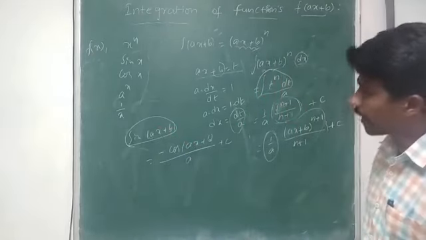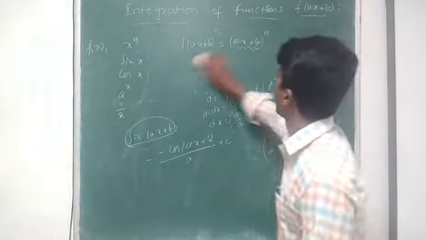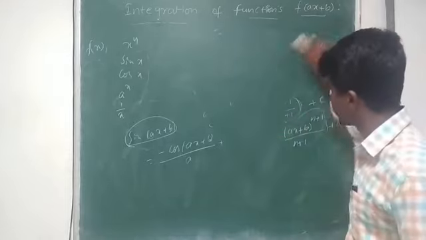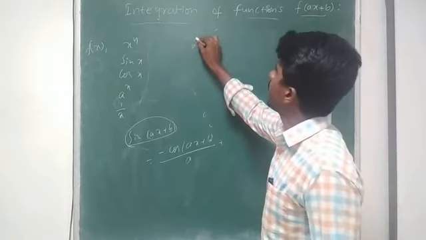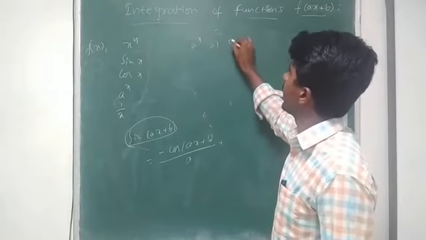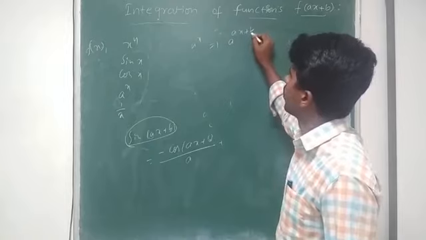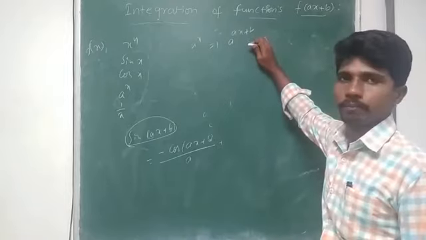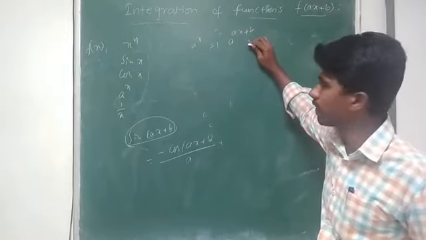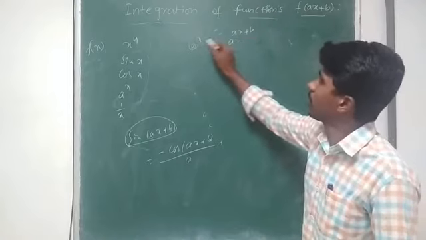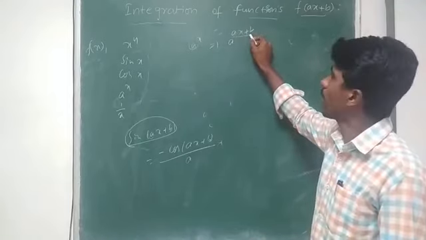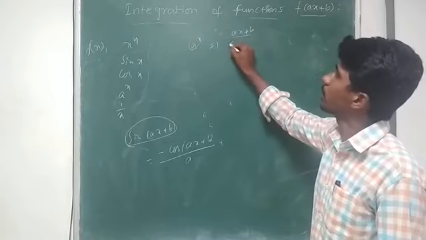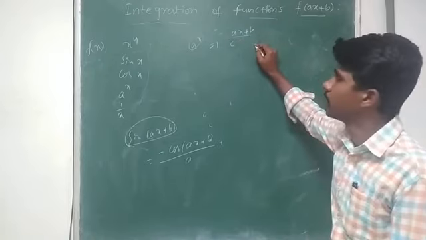Then what about a power x? And what about 1 by x? If a power x is replaced by a power ax plus b, to avoid confusion, we consider it as an exponential function. So I have a to the power of x and I am replacing with some other variable, so I change this one to c to the power of ax plus b to avoid confusion.